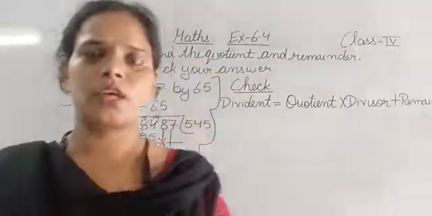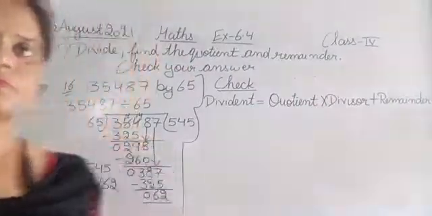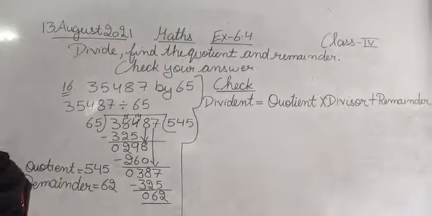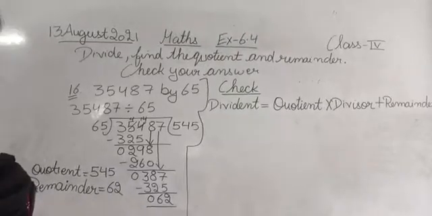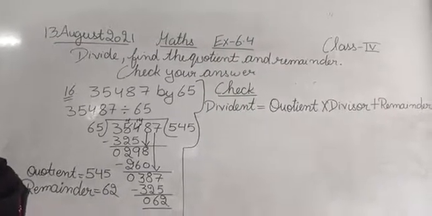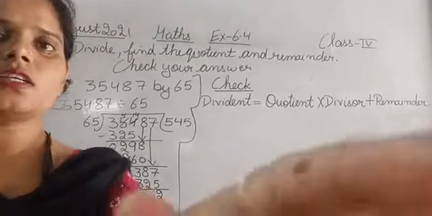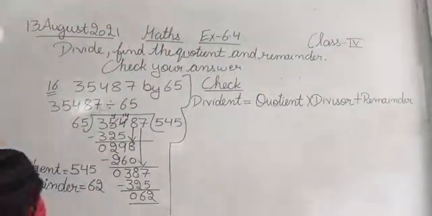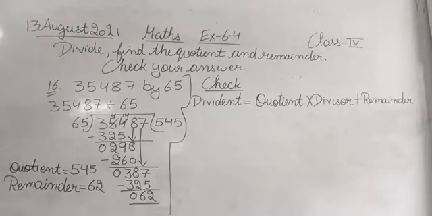So you have to use this. Dividend is equal to quotient multiply divisor plus remainder. So this formula we will use here.